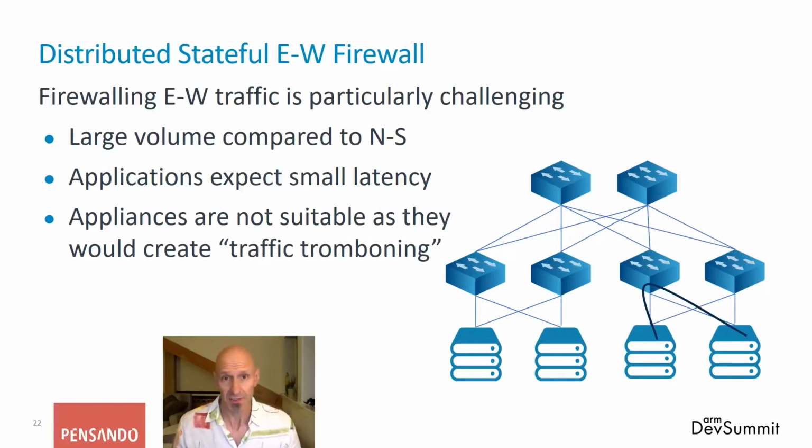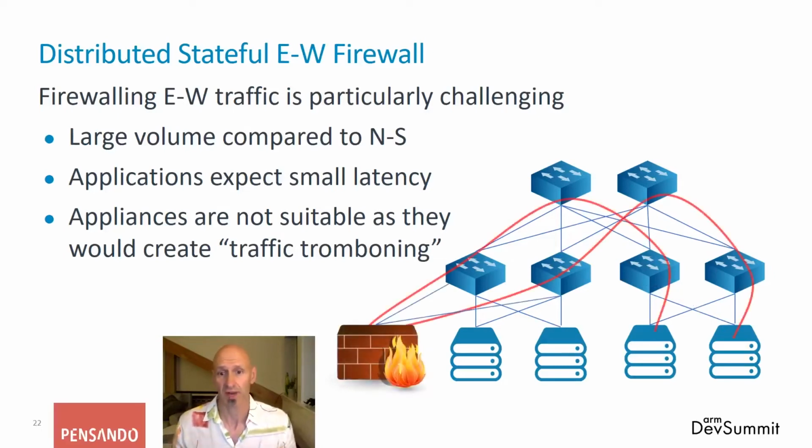Moreover, applications that are communicating within the data center expect much smaller latency than applications that communicate with the internet. So the firewall is supposed to introduce a very small latency. And finally, appliances are not suitable for handling east-west traffic, as we were saying at the beginning, because they cause traffic tromboning.